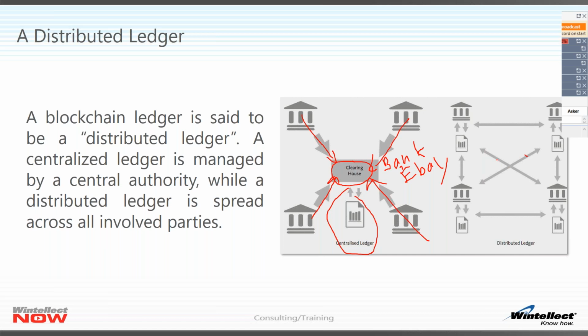Notice that there's nothing here in the middle. There's no centralized ledger. The reason this works is because everybody on the blockchain has a copy of that ledger. So I have a copy of it here, here, here, and here, and I can interact with anybody else on the ledger.